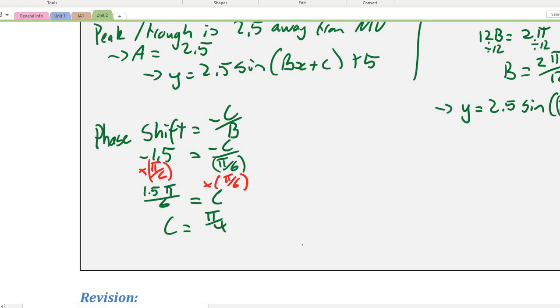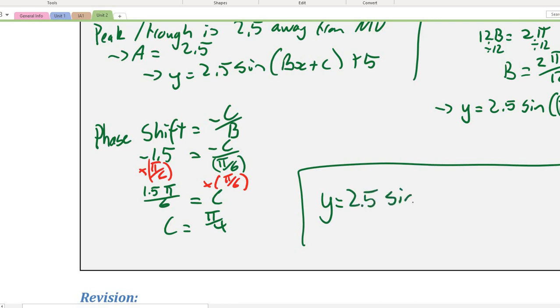Okay, which gives us our final rule, guys. Y equals 2.5 sine bracket pi on 6 x plus pi on 4, plus 5.